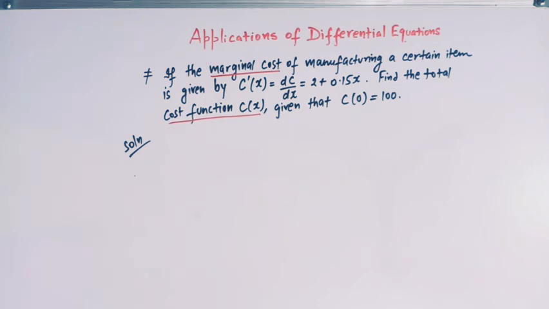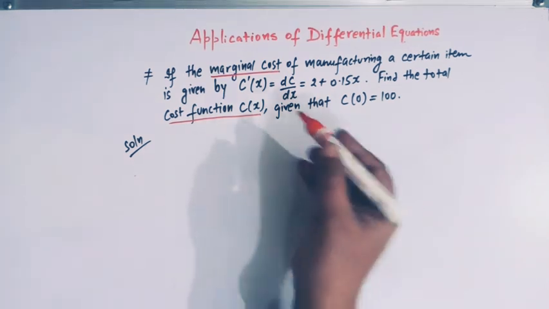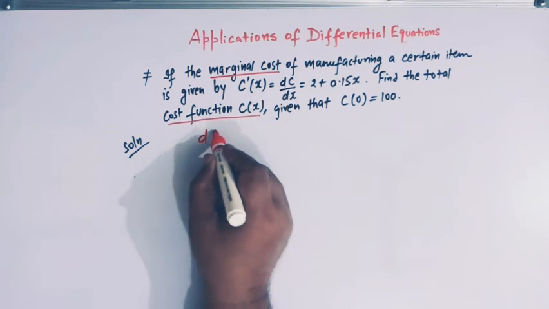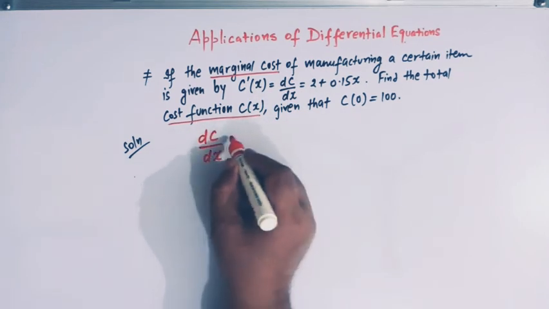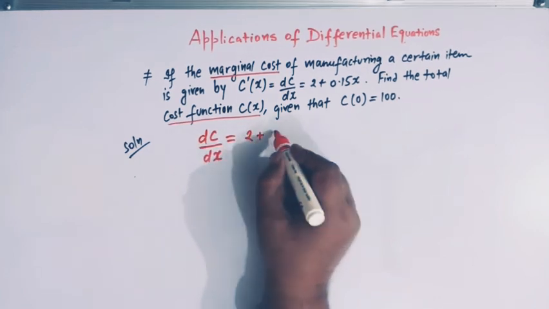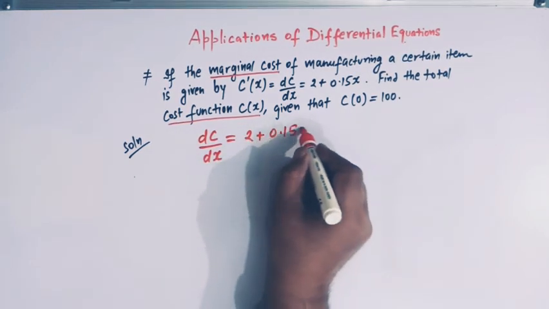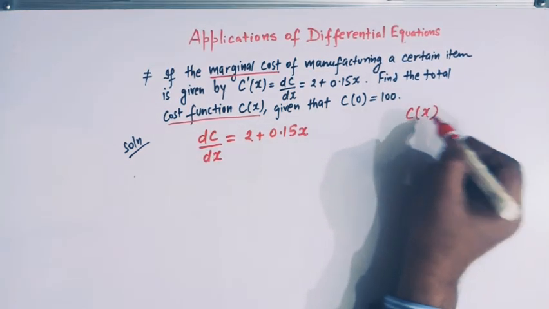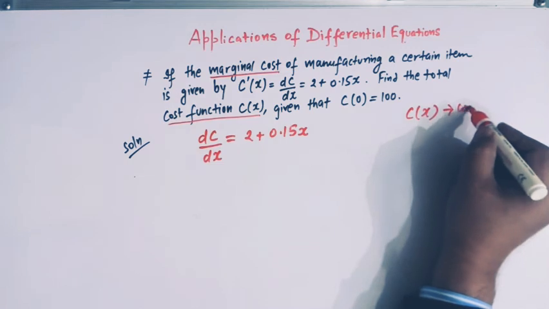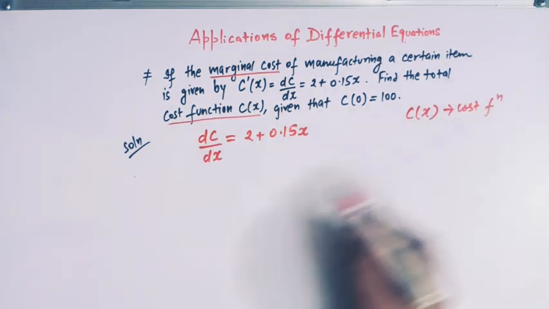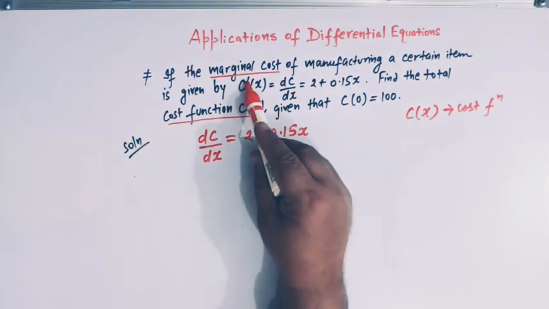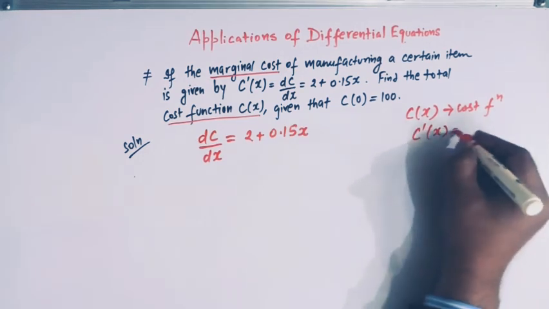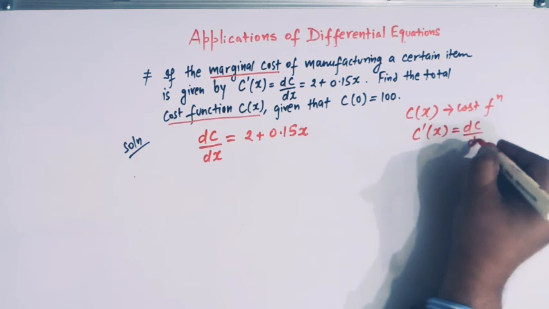So here we are given the differential equation that is dc over dx is equal to 2 plus 0.15 times x. So here C of x is the cost function, and C prime of x, that is C dash x, denotes dc over dx.